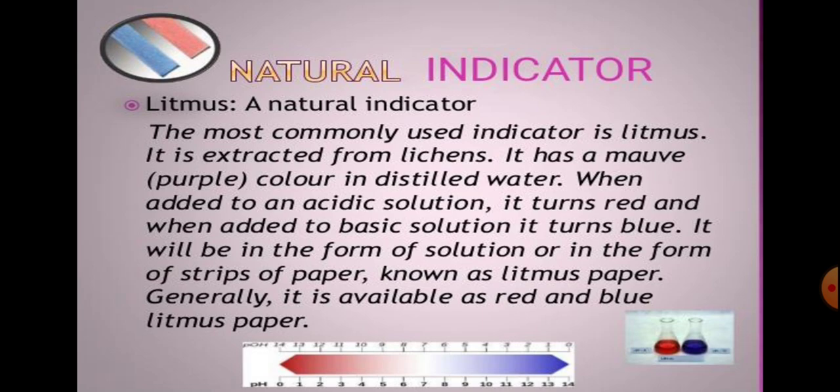If a drop of the given solution turns blue litmus to red, then the given solution is acidic in nature. Understood? For example, a drop of lemon juice turns blue litmus paper to red, so lemon juice is acidic in nature.